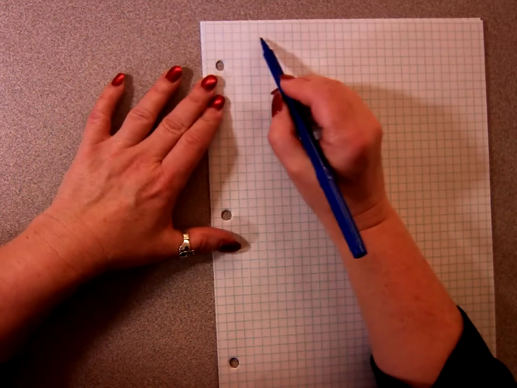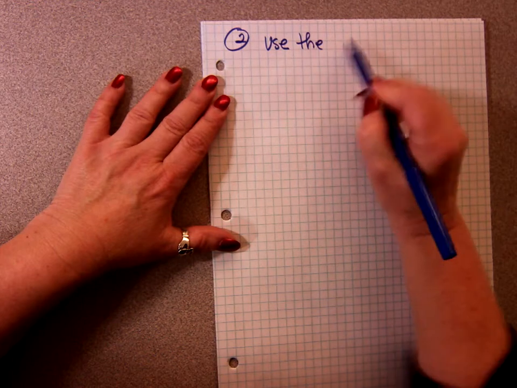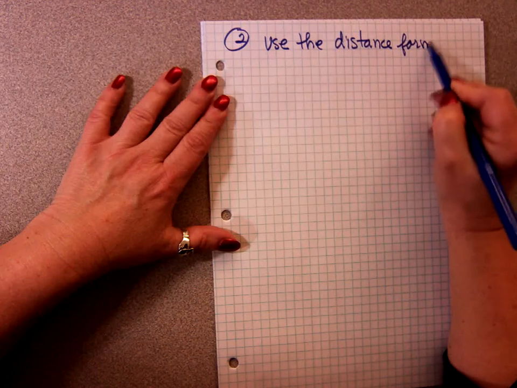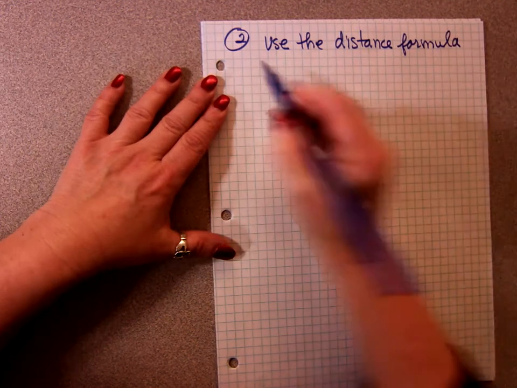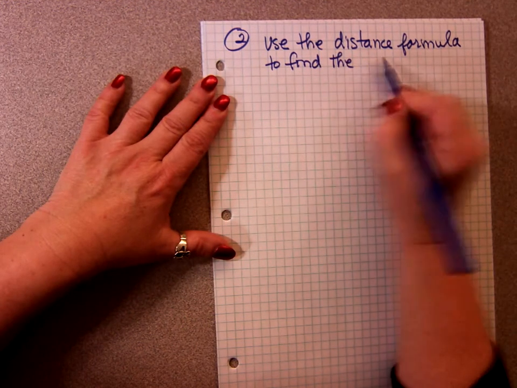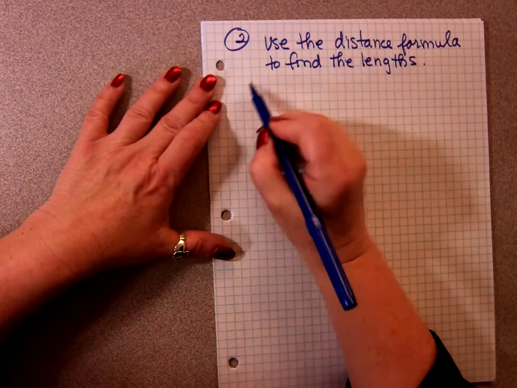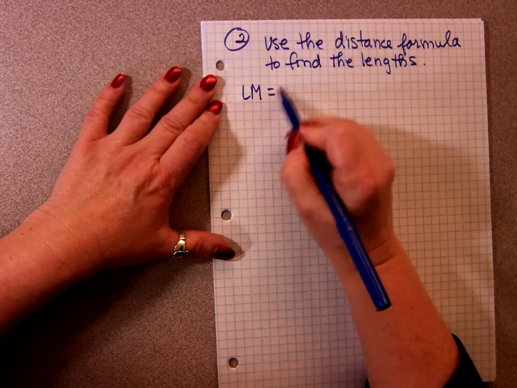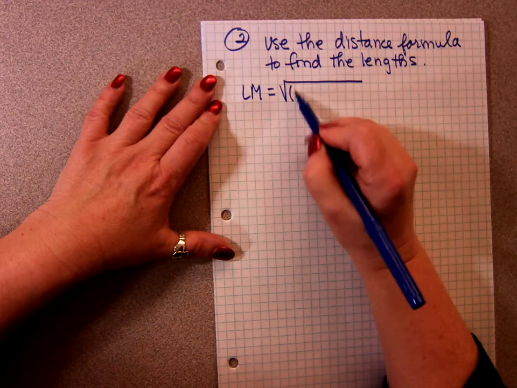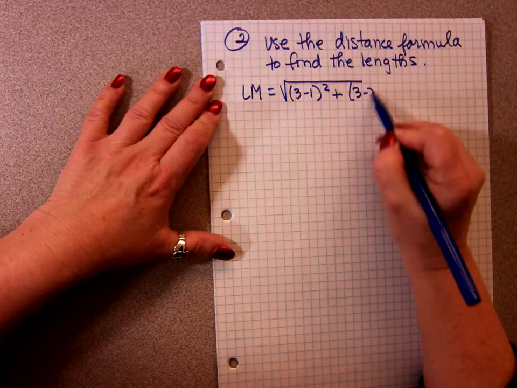So what are we going to actually do? Step 2, we're going to use the distance formula to find the lengths. So LM is equal to the square root of 3 minus 1 squared plus 3 minus 2 squared.